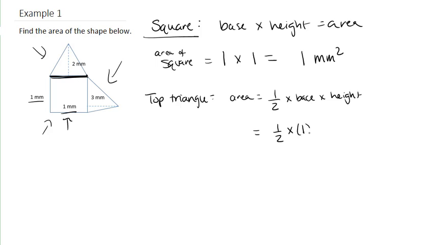So we put in 1, and then our height is 2. So 1/2 times 1 times 2, this 2 and this 2 will cancel out, and so we're left with just 1 millimeters squared.